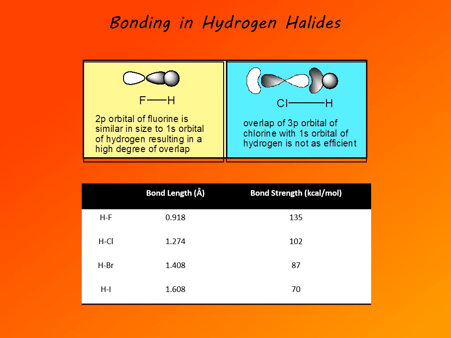That bond can be easily broken. Finally, hydrogen iodide bond is extremely weak and long. Its length is 1.608 angstroms, and its strength is only 70 kilocalories per mole. Even visible light may be able to break this bond, so hydroiodic acid has to be kept in dark bottles in a fridge to prevent it from decomposing.